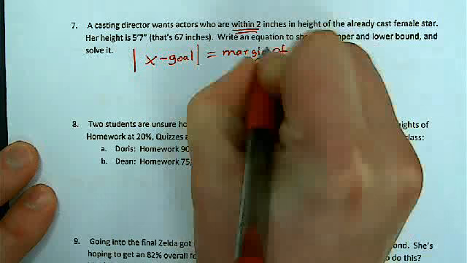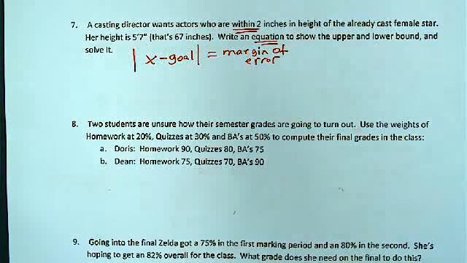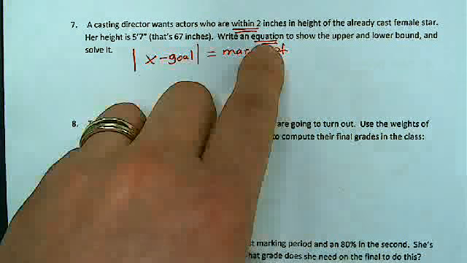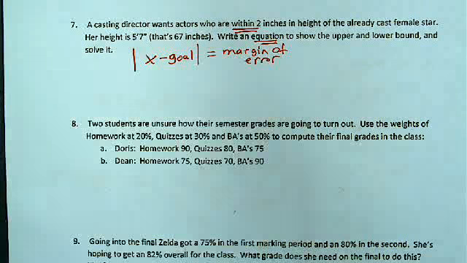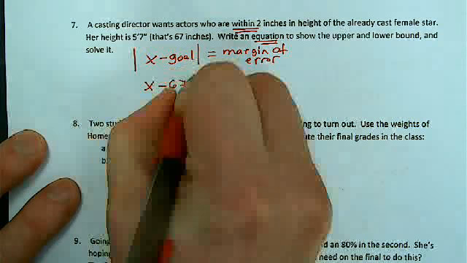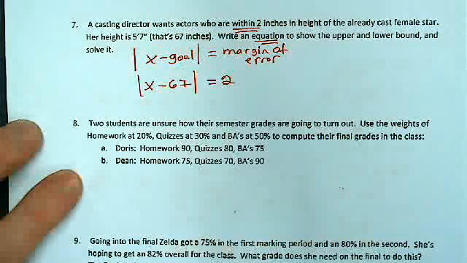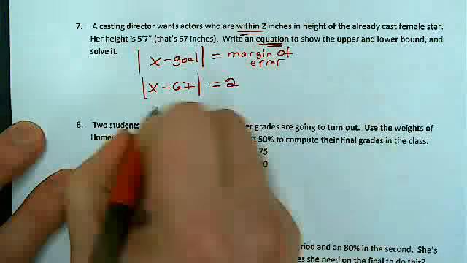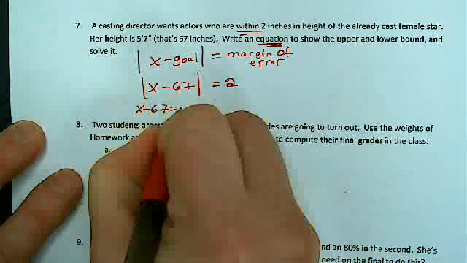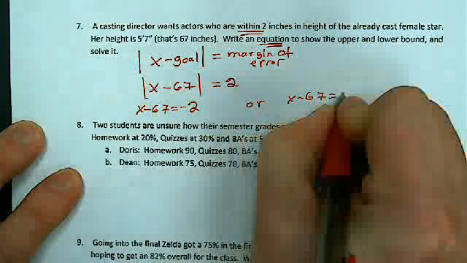Now you could write this as an inequality. The problem asks for an equation, and I was fairly lenient with the grading to allow you guys to write an inequality and solve it, but it had to be the right one. You still had to have x minus 67 inches equals 2 inches. I split my two cases, so either x minus 67 equals a negative 2, or x minus 67 equals a positive 2.